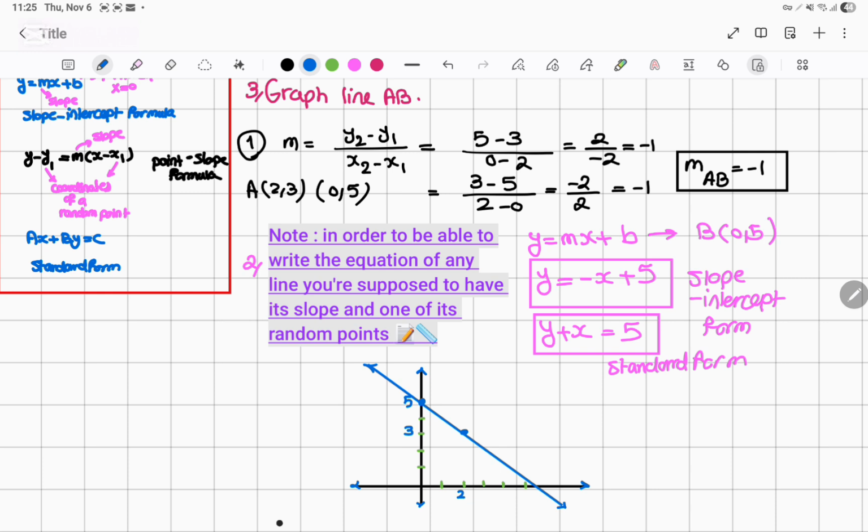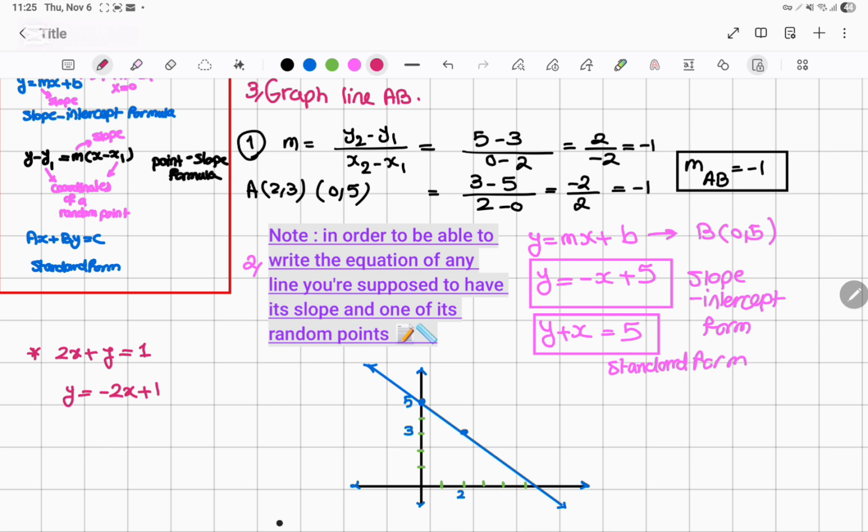But if the equation of the line was given to me, for example, imagine that this was given to me, let's say 2x plus y equals 1, okay? If they give me something like this and they ask me to graph it, it's best first to isolate y and make it alone, and I'm going to have y equals negative 2x plus 1.